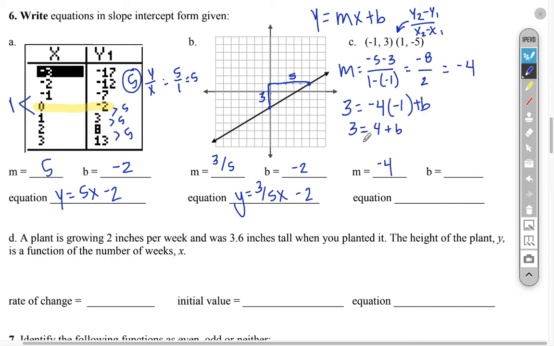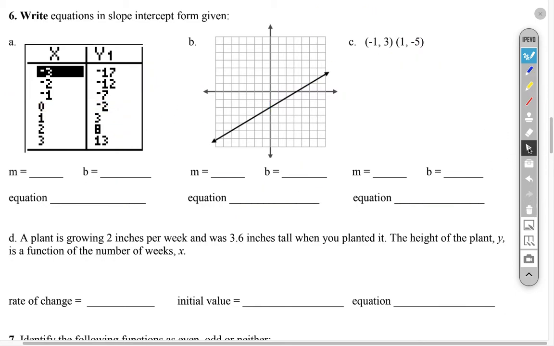And then we need to subtract 4 and move it to the other side to get b alone. So we get b equals 3 minus 4, which is -1. We can write our equation, y equals -4x minus 1. I don't mean to rush through these, but I feel like these are just review, so hopefully you guys understand those already.